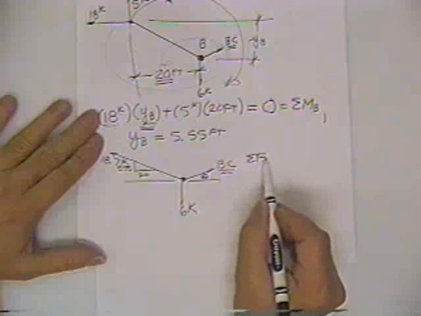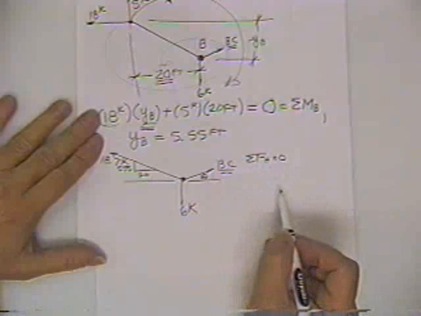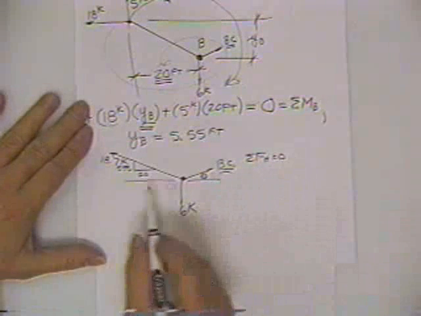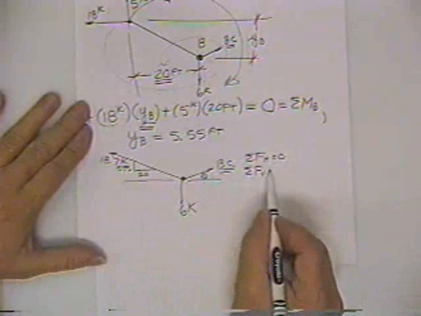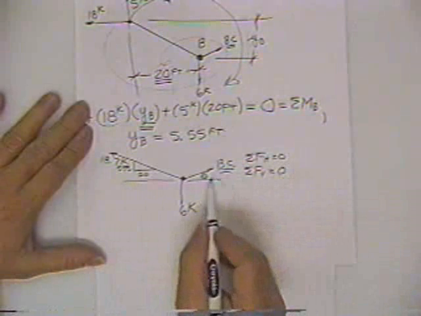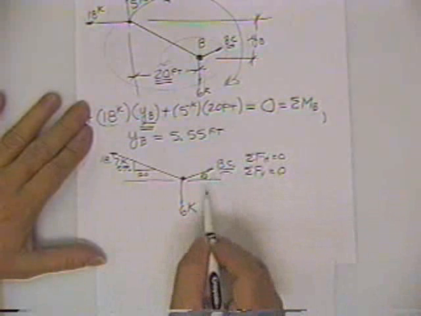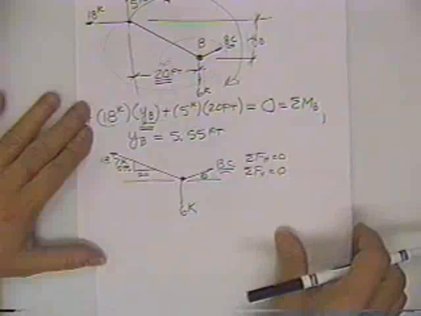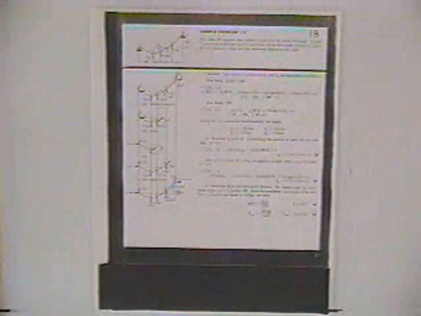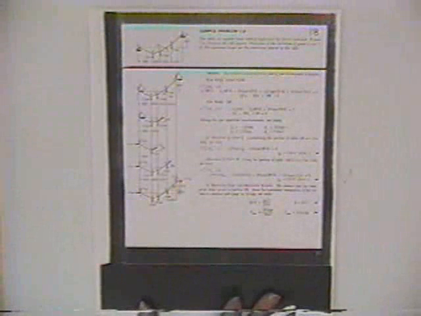When you sum forces horizontal equals 0, you'll get one equation. When you sum forces vertical, you'll get another equation. Both of them will have BC and theta in it. You can solve for both of them. And the solution is in your notes there. We just stuck them in there.